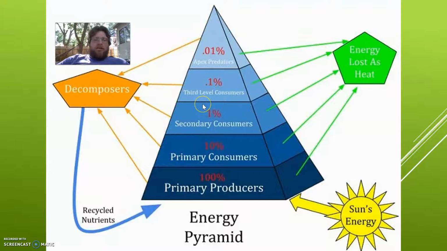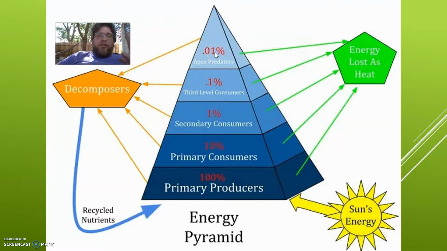Another 10% goes to secondary consumers, so 1%. And then I'm left with 0.1% for third level consumers. And then your fourth level consumers, your top dog, your apex predators, they have 0.01% of the original energy. So those predators, even though ferocious and scary and tough, they're only capturing a tiny little amount of energy that's there in the ecosystem.